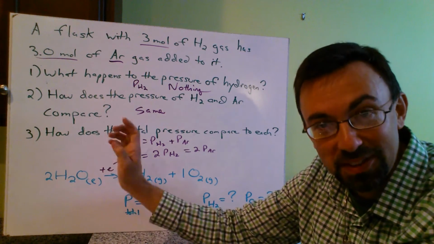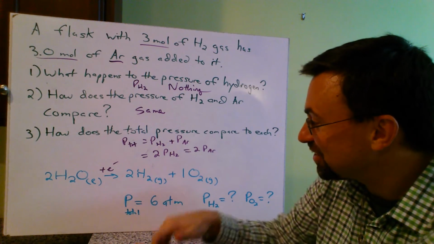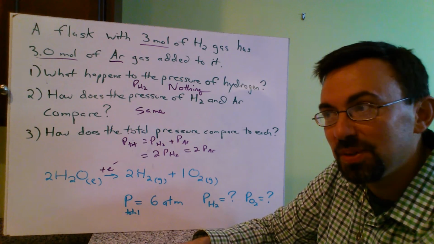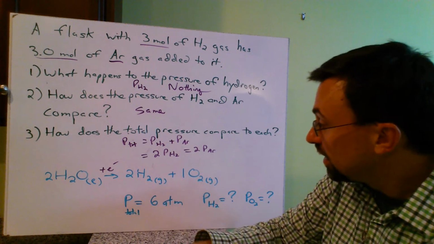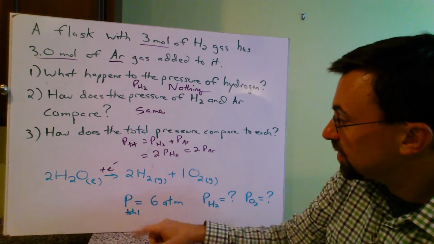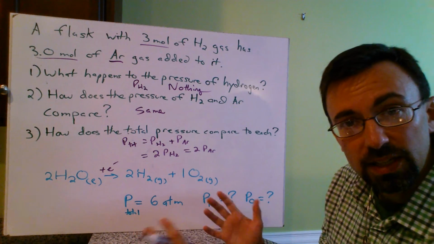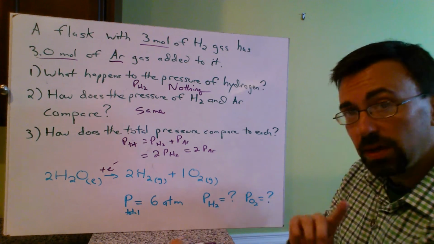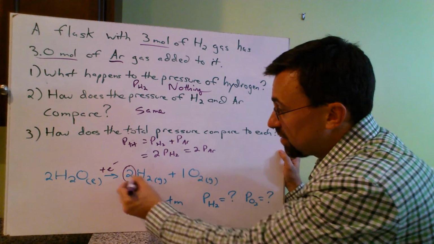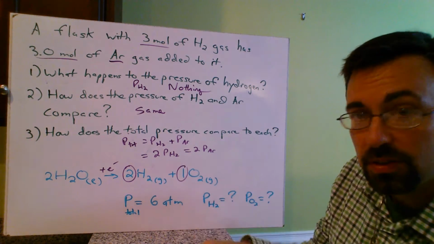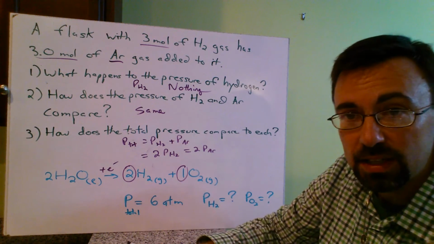We take the water, we split it with energy, and we'll get hydrogen gas and oxygen gas. And if we did this into an empty container and we collected the gas, and let's say we measured the pressure at 6 atmospheres, is this enough to tell me what the pressure of hydrogen and oxygen would be? In a way, it really is, because if we assume every gas molecule exerts the same amount of pressure, we know that the pressure of hydrogen is going to be twice as much as oxygen.